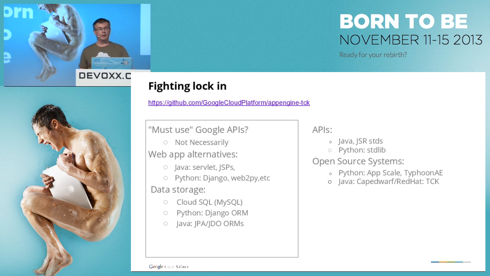So we have been working on something called AppEngine TCK. And why have we been doing that? Because there is a partner, Red Hat, next to the Google booth. And Red Hat wanted to implement the App Engine APIs on top of their Java EE stack. So the JBoss application server, renamed WildFly, whatever.